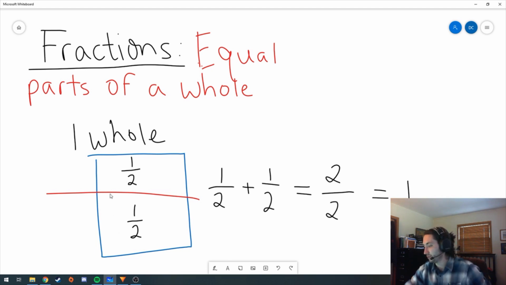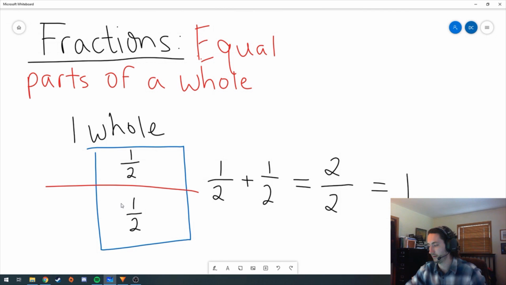So we have our two equal parts, and when we have two equal parts, we put 2 on the bottom of the fraction. We will get to what that's called in a minute, because you have 2 total pieces. But up here, you only have one of those pieces, and down here, you have the other piece.